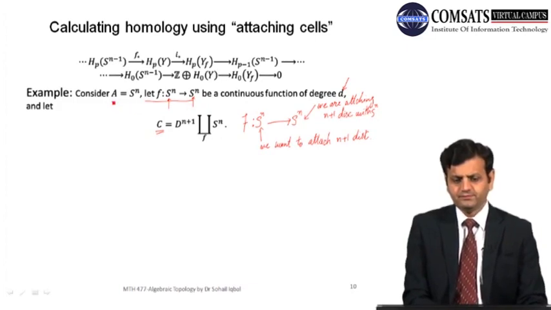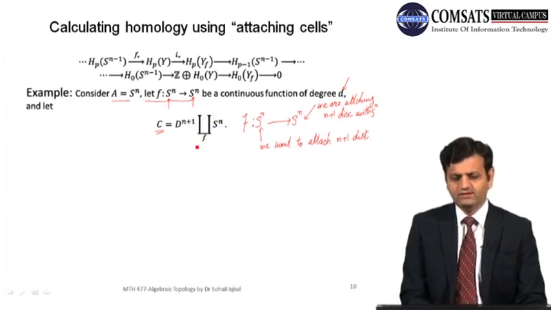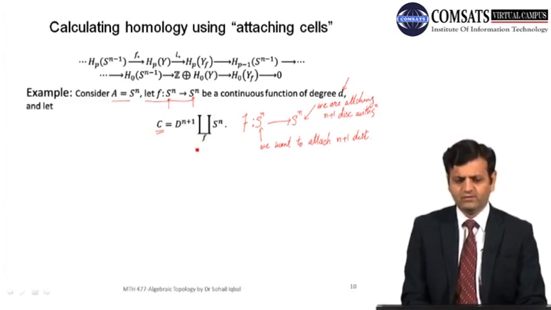And if we have this map, then according to our previous definition, we can attach an n plus 1 cell to Sn, taking the coproduct of D n plus 1 and Sn, and identifying and gluing them along this map F.